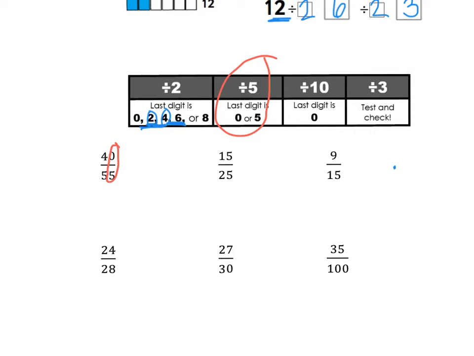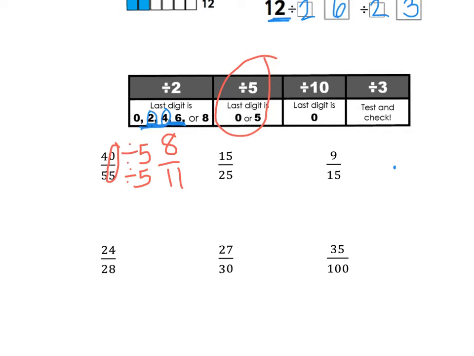So I'm going to erase this real quick so we can see it. I'm going to divide both the top and the bottom by 5. Okay, so 40 divided by 5 is 8, and 55 divided by 5 is 11.